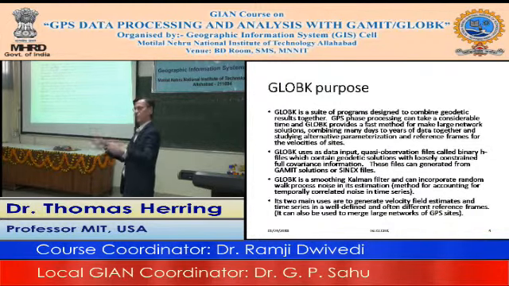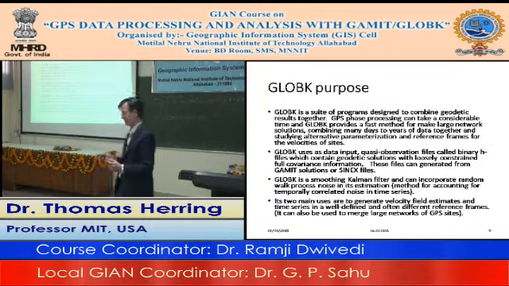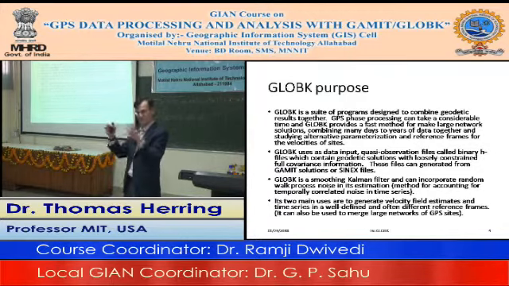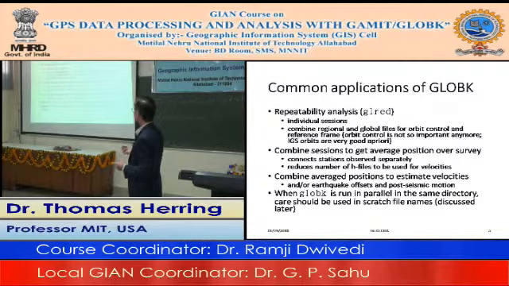That's what we'll probably try to get done by Thursday, to be able to actually form our own reference frame based on our own time series and try to refine the quality of the fit to our data, more localized to India than we are currently in the solutions that we have. So again, as I said, the common applications, repeatability analysis, that's usually done with the program called GLRED as the front end. It's individual sessions, or to combine regional and global files together.